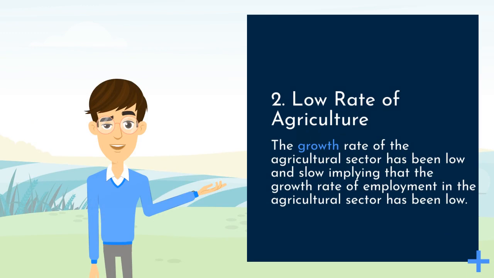2. Low rate of agricultural growth. The growth rate of the agricultural sector has been low and slow, implying that the growth rate of employment in the agricultural sector has been low.